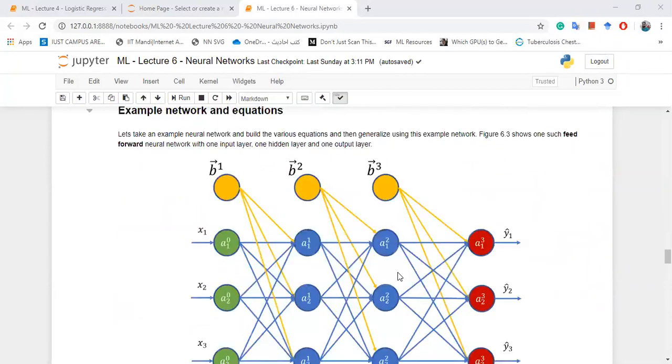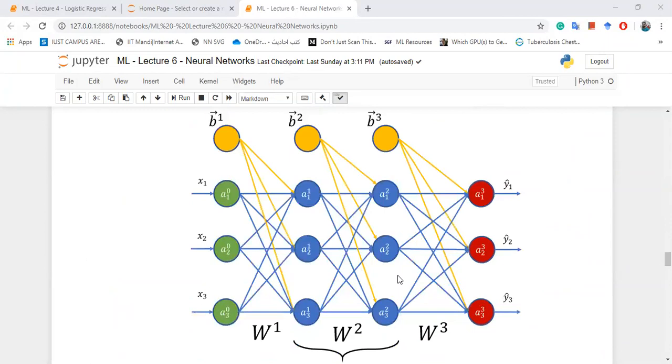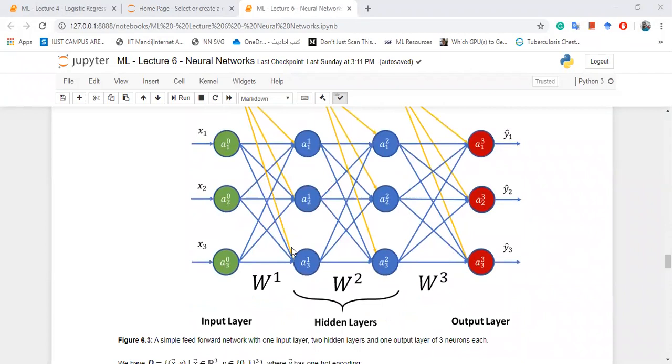So let's take an example network. Here we have 3 layers: 2 hidden layers, 1 output layer, and then this input layer. In each layer we have 3 neurons. For layer 1 we will have weight matrix W1, for layer 2 weight matrix W2, and for layer 3 weight matrix W3.